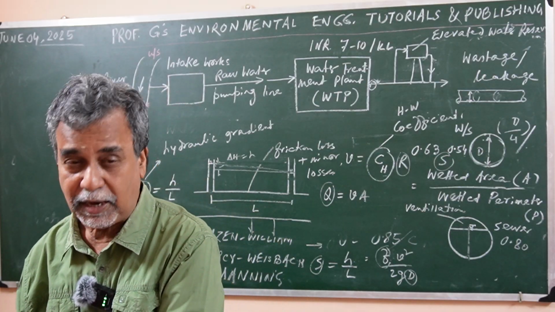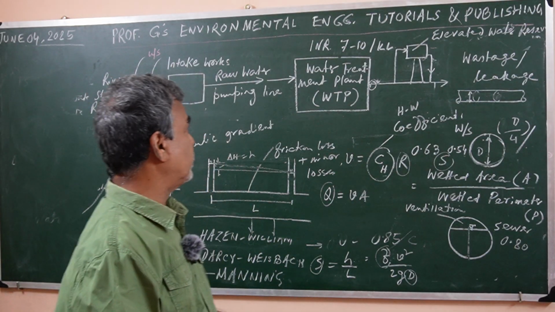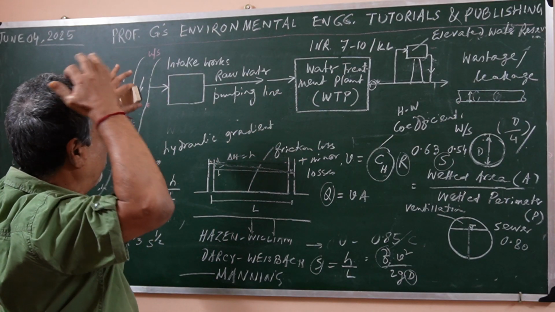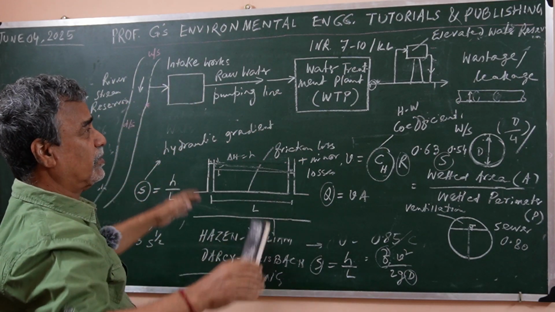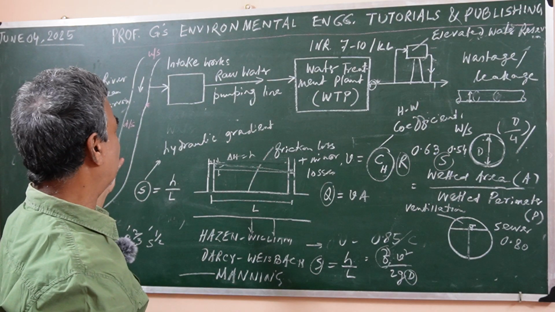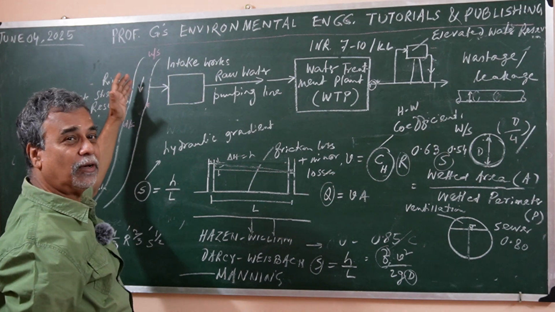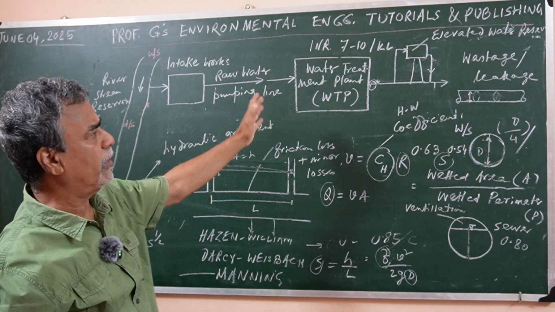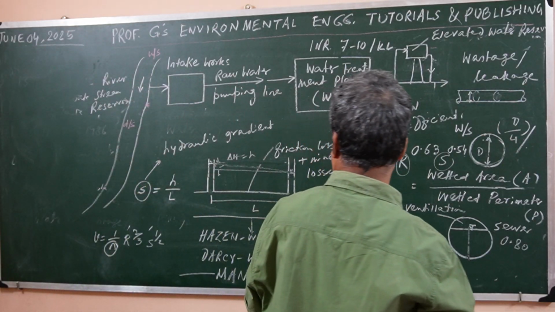See, last time what we discussed was the water treatment plant and how the water supply scheme basically works, right from collection from a perennial surface water source like a river or stream. That part is already discussed, so I'm not wasting time.